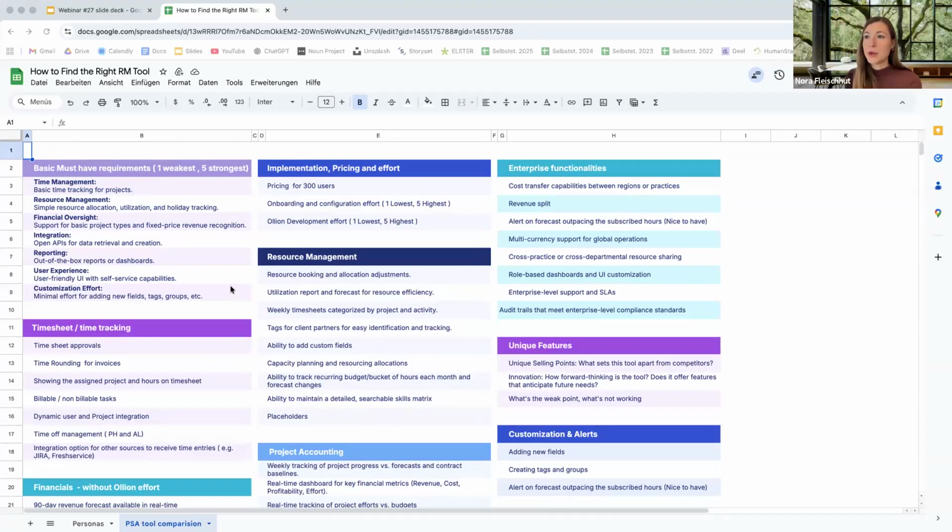Very nice. Awesome. So based on the personas, the different requirements, features were basically laid out, and then you mapped each tool that you looked at in accordance to how well it would fit.